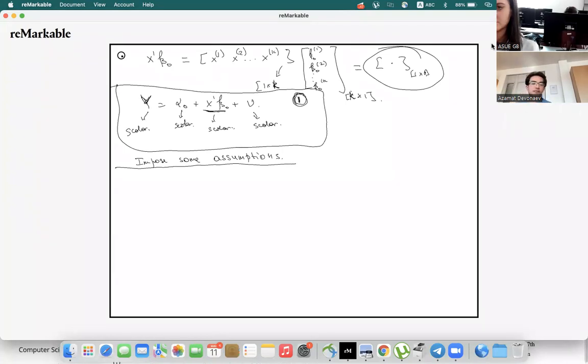We need these assumptions just because we want to capture the causal relationship between variable x's and y.